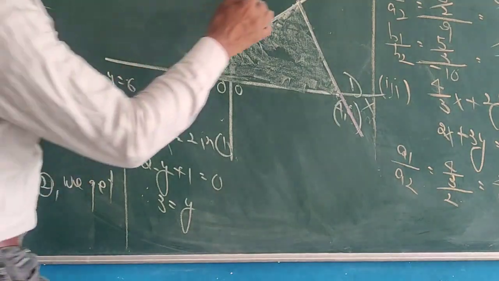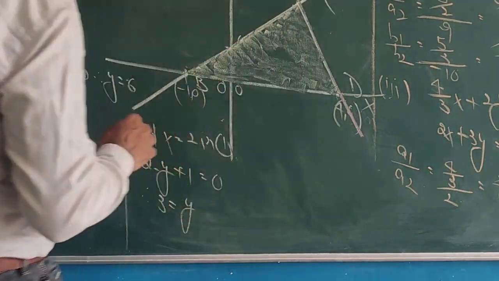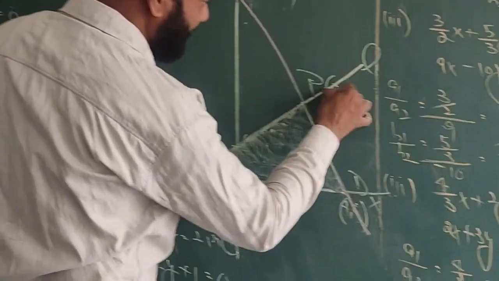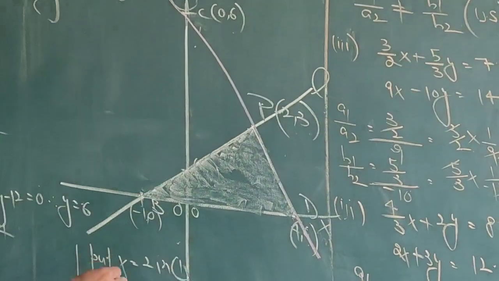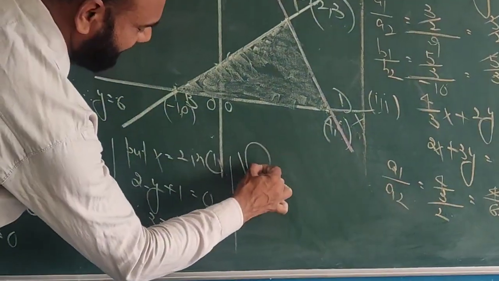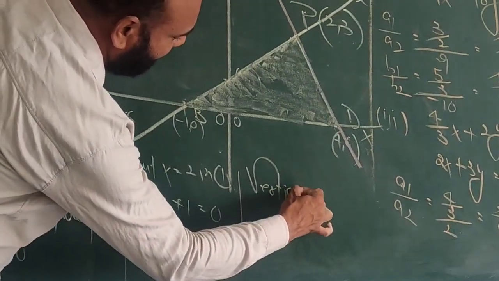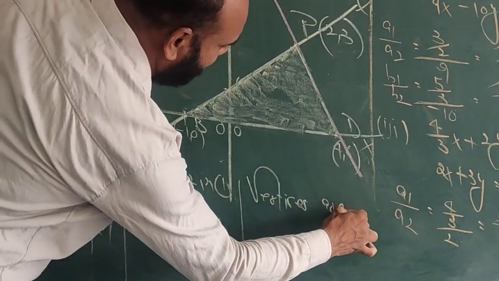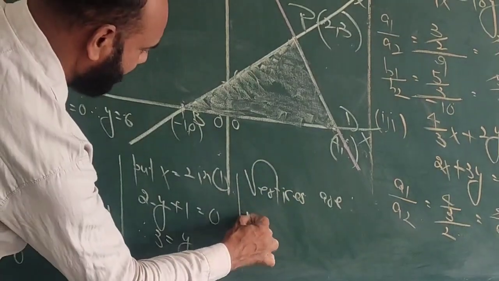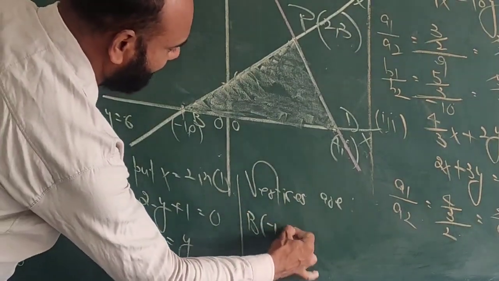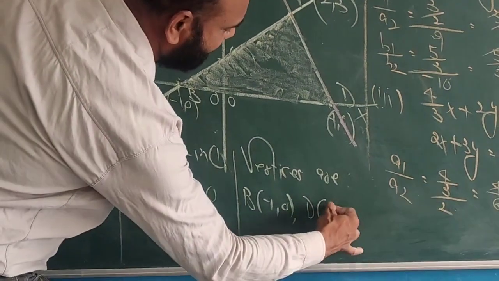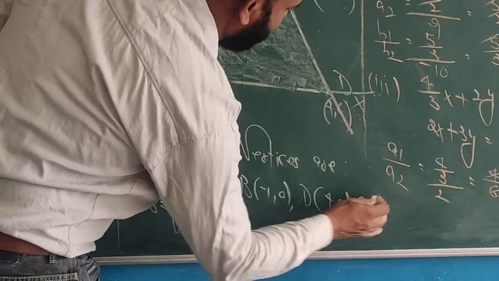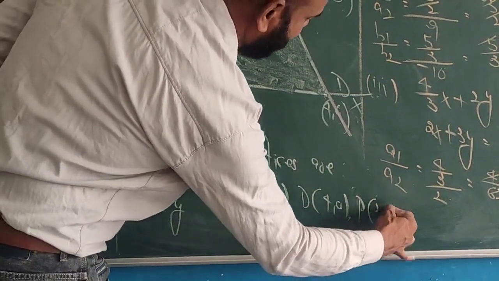So we can say that the point of intersection of line first and second is 2, 3. So the vertices of this triangle are: first B point, minus 1, 0; second D point, 4, 0; and third P point, that is 2, 3.